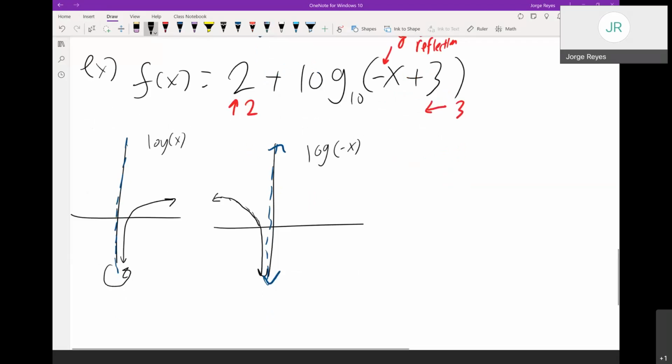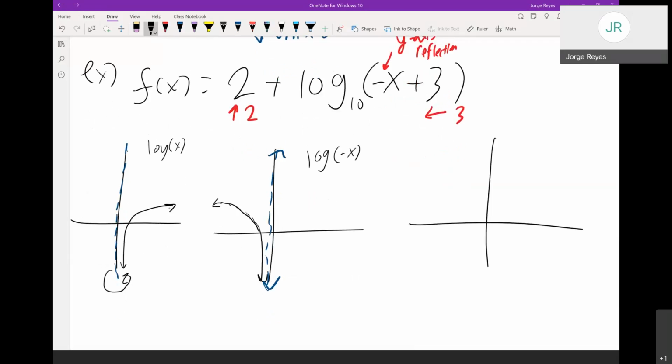And then now I'm going to do the 2 shifts at the same time. I'm going to go left 3, so my vertical asymptote also goes left 3. So this is x equals negative 3 now. And then up 2, so I'm just going to draw it higher up, like this. So that's how you draw log. You should be able to do it.